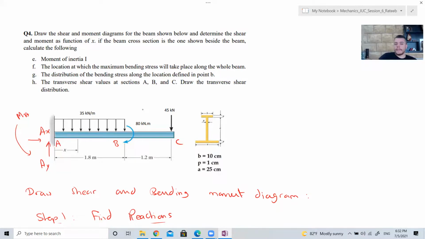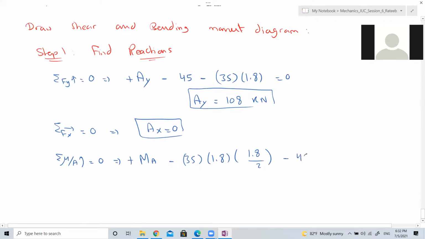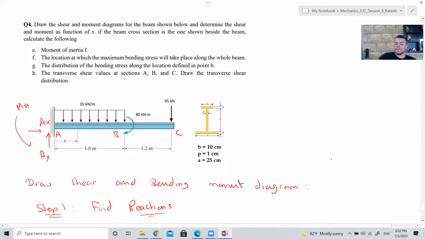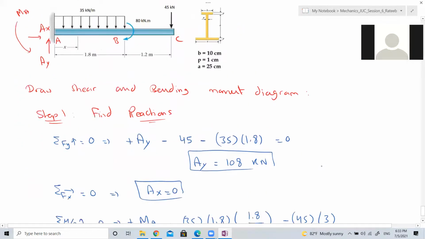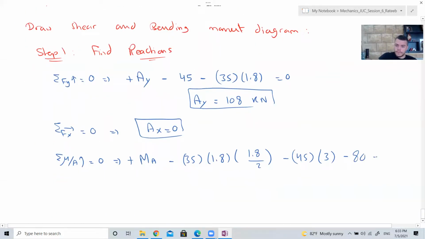Plus or minus? Minus, with clockwise. Minus 45 times 3. And this one, plus or minus? Minus. Right, this is minus, counterclockwise, the same.